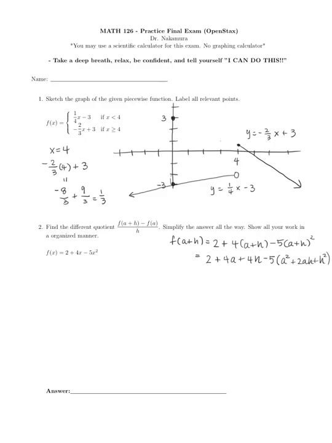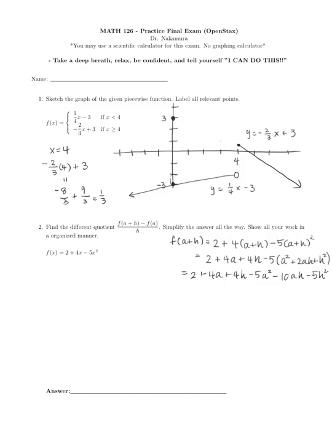Okay, so now let's distribute the -5 and combine the like terms if we can. So here you're gonna have what? 2 plus 4a plus 4h minus 5a squared, and then minus 10ah minus 5h squared. Okay, so I think I'll just leave it like that.